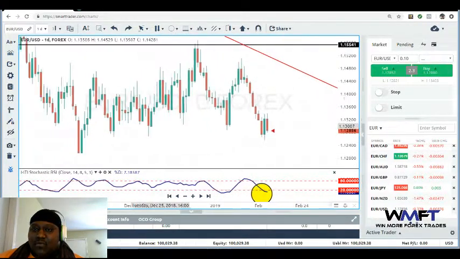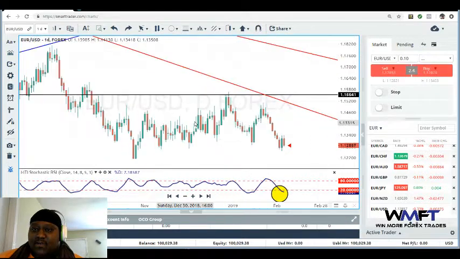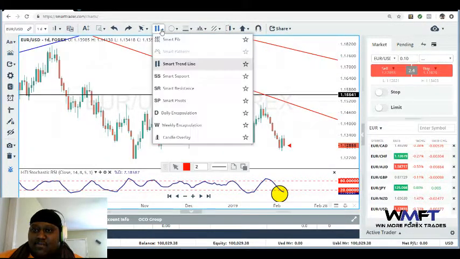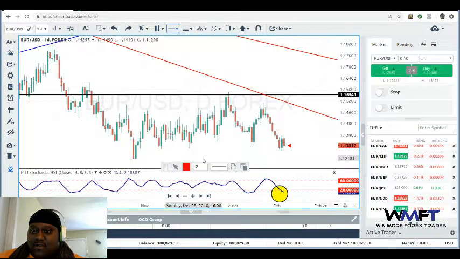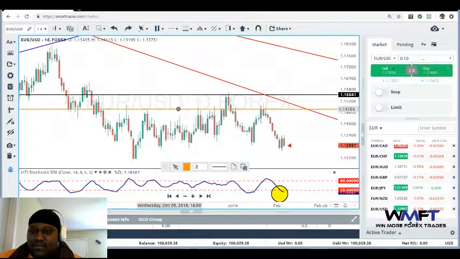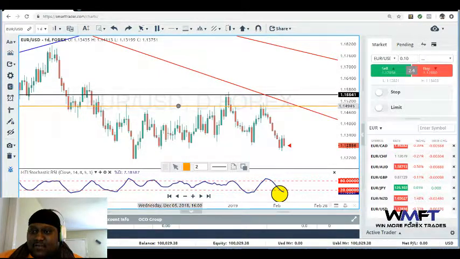And then, another way you can look at it is right here. We can bring in horizontal rays, and you can see where the market kind of wants to consolidate. That's the horizontal line.